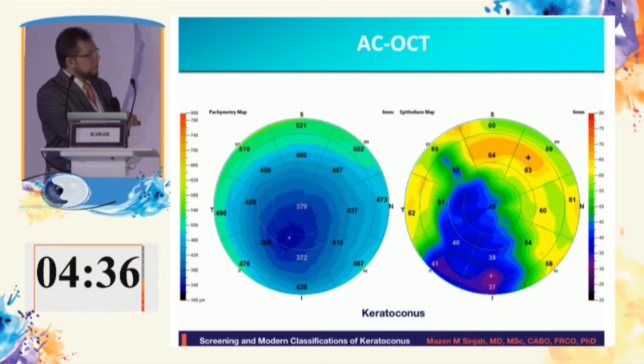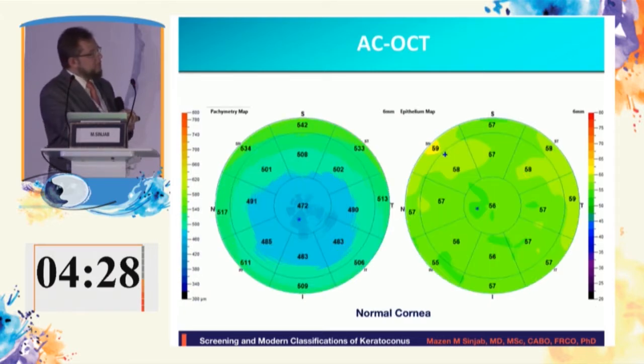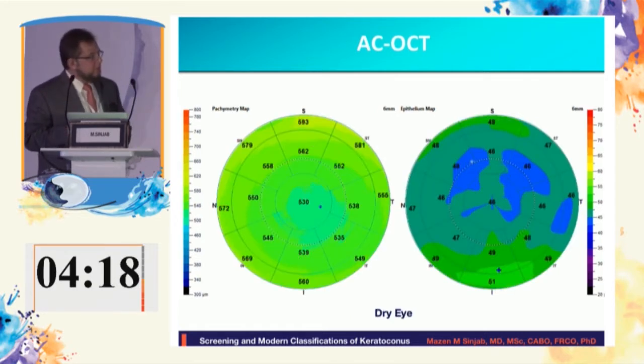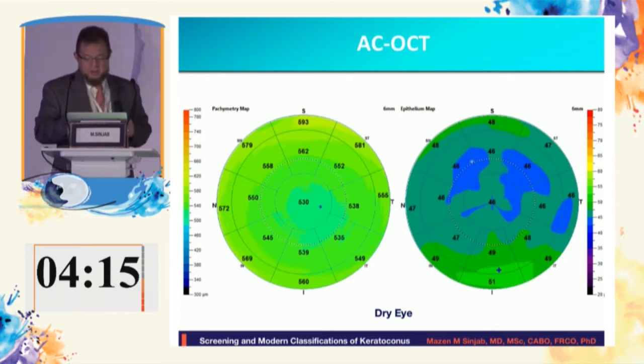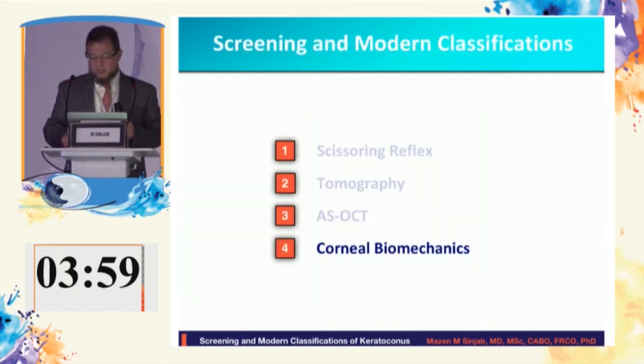This is the cornea, full thickness cornea, and this is epithelium layer mapping. Compare this with this map. As you see, this is a very normal cornea because there is no thinning on the right side. This is a pattern of dry eye. You find multifocal thinning. This differentiates the dry eye from keratoconus. So as you see, anterior segment OCT is becoming more and more important for detection.